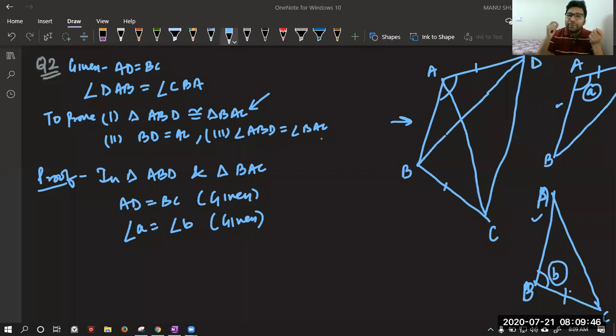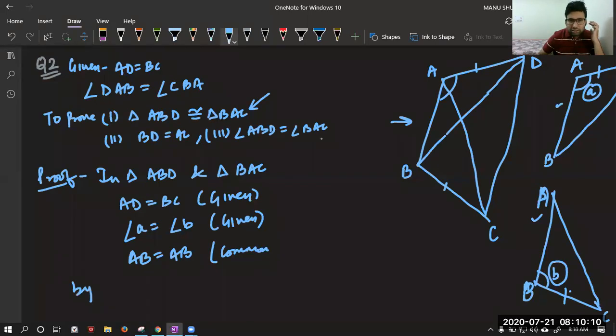Yes, it is AB. Now you got it. When the two triangles are there, if you keep on looking at the triangles, you will get to know that AB is the same side in both the triangles. So the third thing is AB is equal to AB. That is common. So we can say the triangles are congruent by which criteria, all of you?